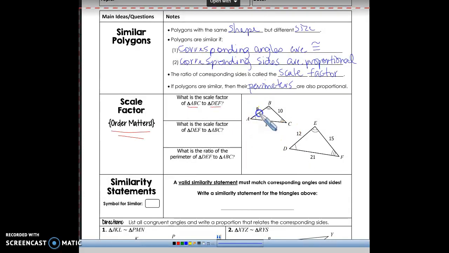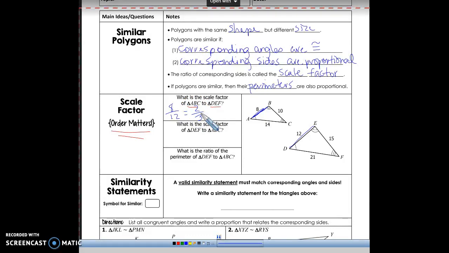So I'm going to pick side AB. AB is 8 over its corresponding side, DE, so 8 over 12. I can simplify that. 4 goes into both of those to make it 2/3. That would be your scale factor, 2/3.